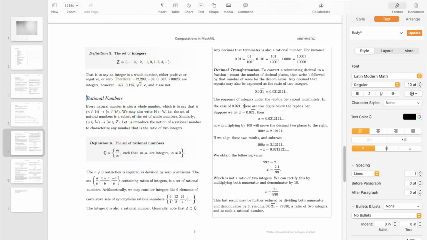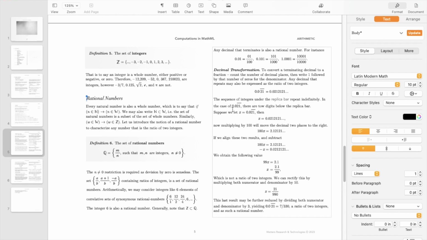All right, so the sequence of integers under the replica bar repeats indefinitely, and this is a term that I'm maybe coining to some extent. You might see it written as repeating bar, or repeat bar, but I settled on the term replica bar.